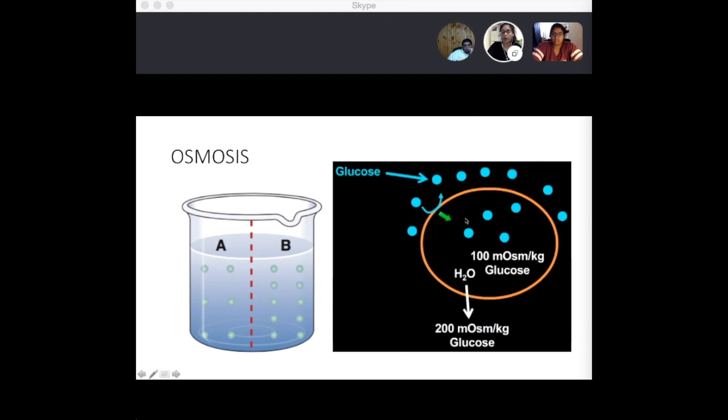And on the inside, there's less solutes of glucose, and therefore more water availability. And water travels from high to low, so the water is going to travel from inside the cell to the outside. And therefore the cell will shrink.